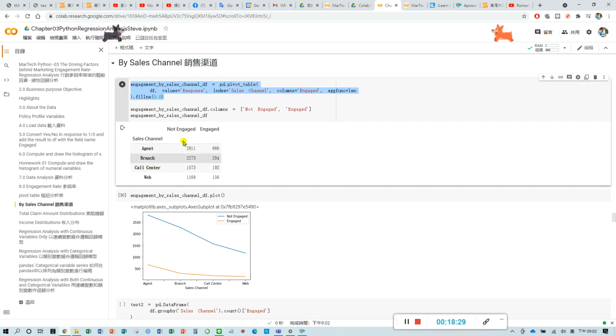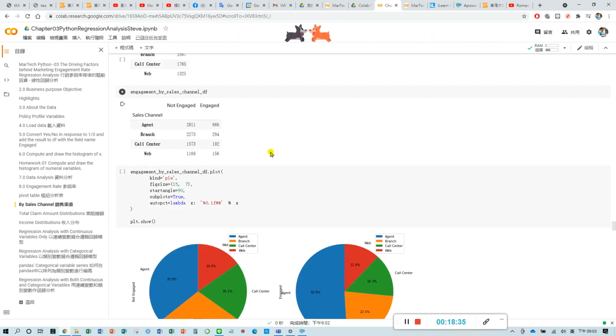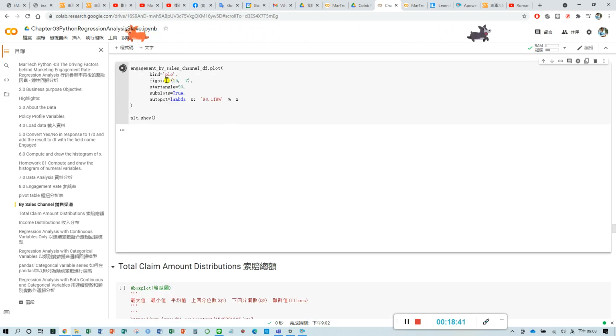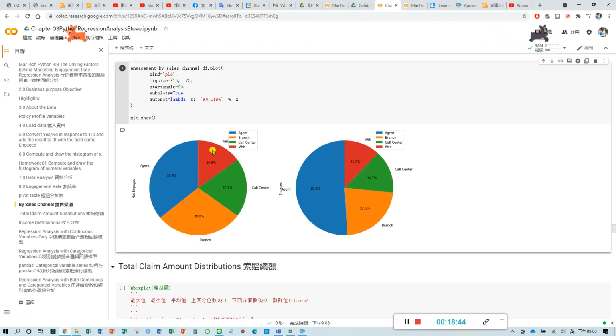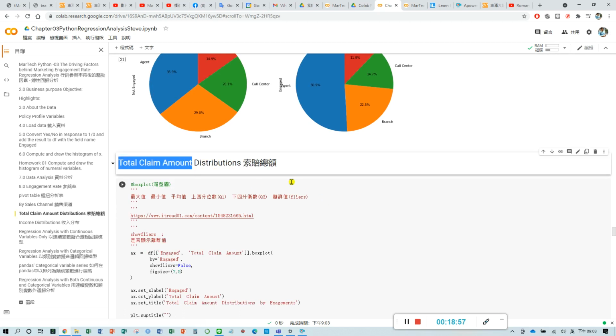Column means the vertical variables. You can do the same kind of process to draw the pie, the portion for each sales channel. You can do the same kind of job with the total claim distributions, 所赔的总额.